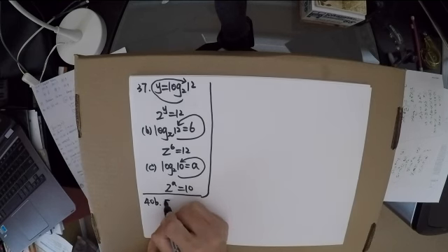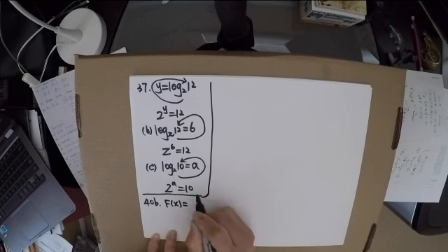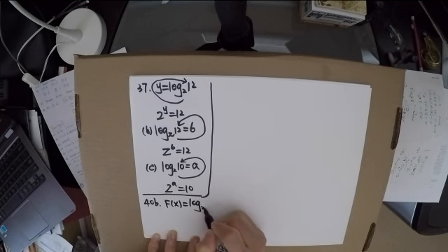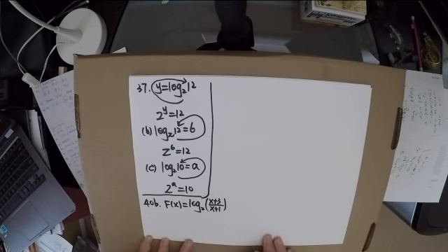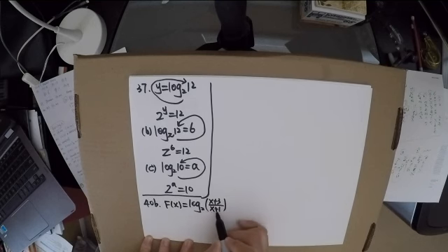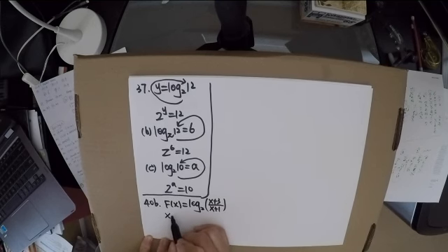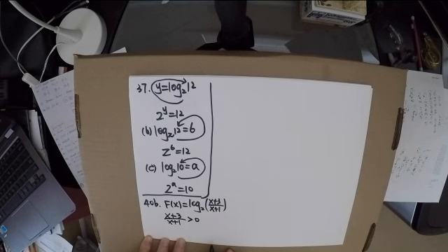We were given f(x) equals log base 2 of (x plus 3) over (x plus 1). The fraction is the logarithm's argument.